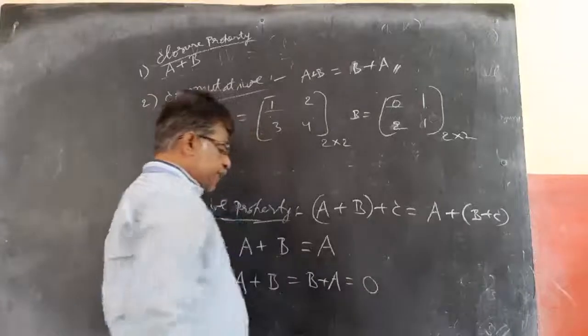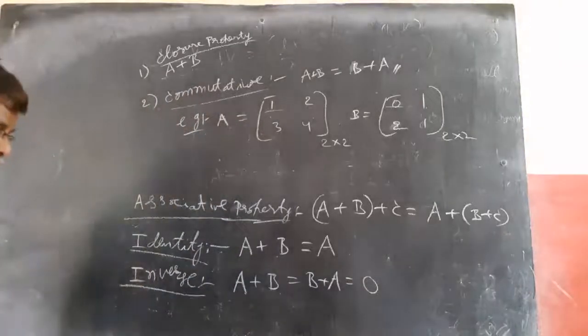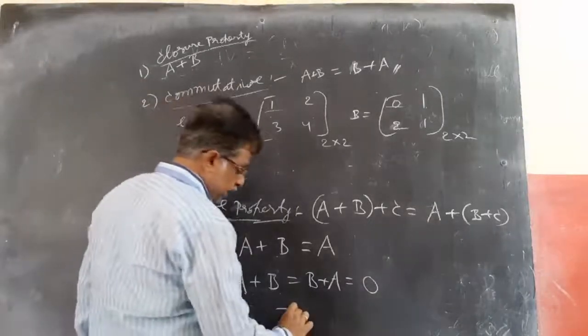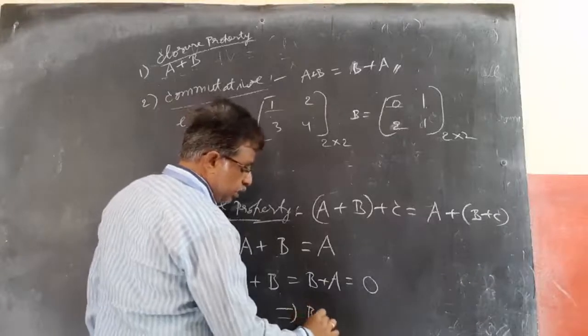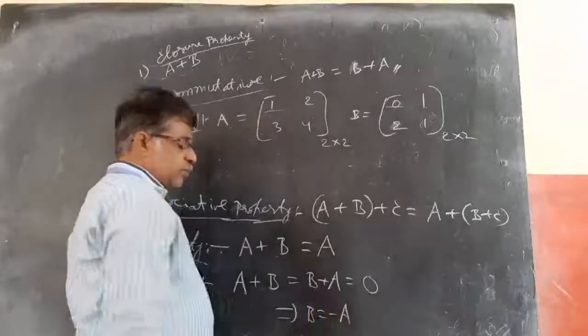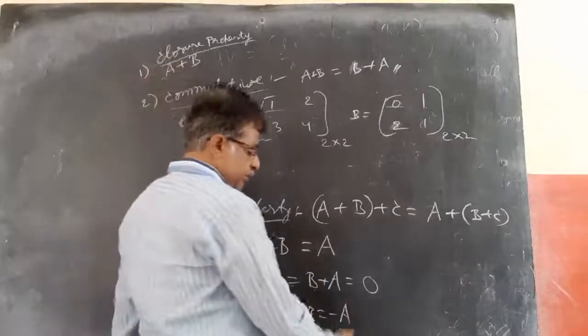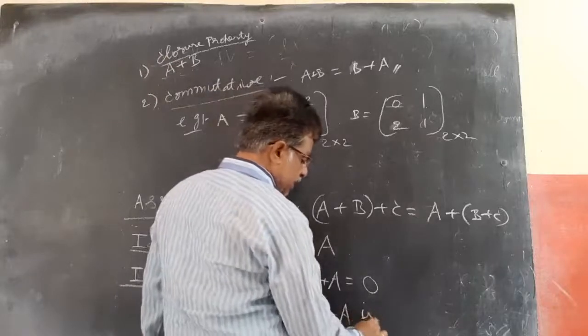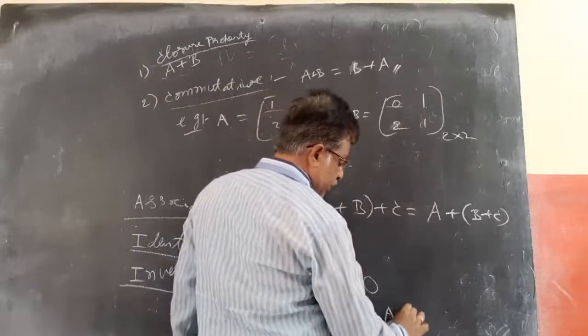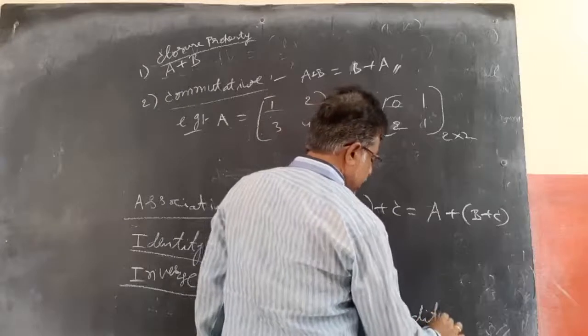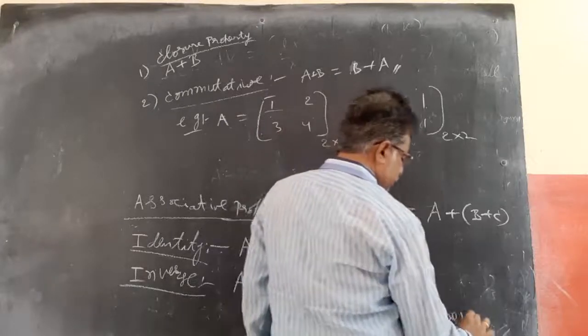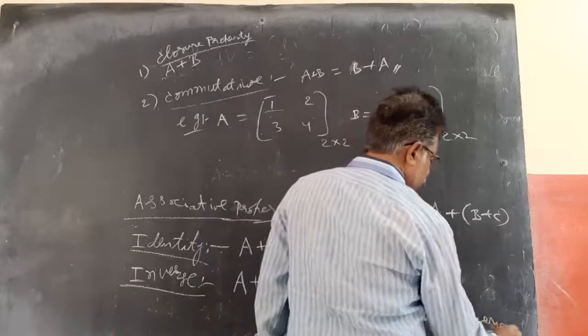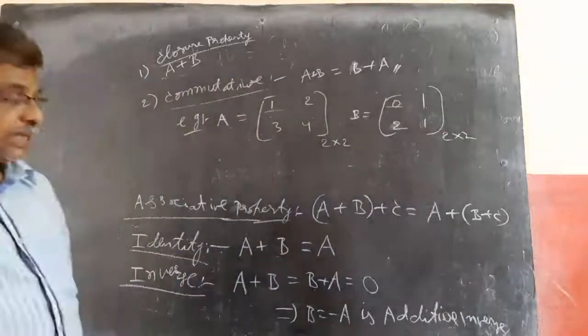So A plus B equal to B plus A equal to 0, when is it possible? B equal to minus A. B is additive inverse. Means additive inverse is minus A.